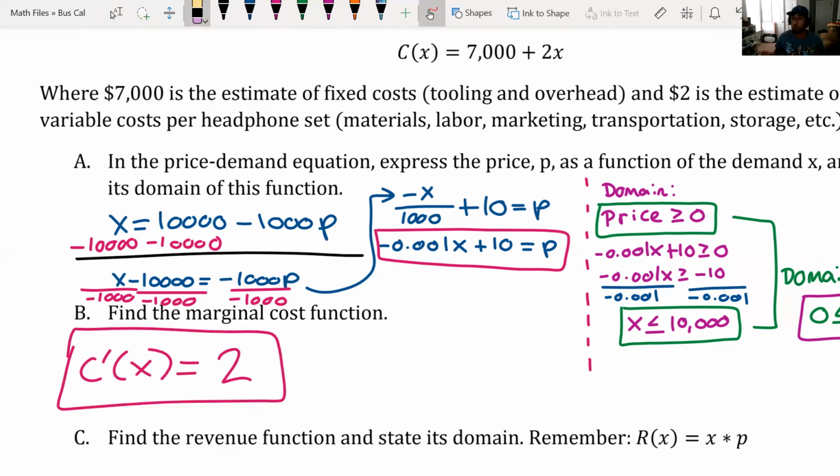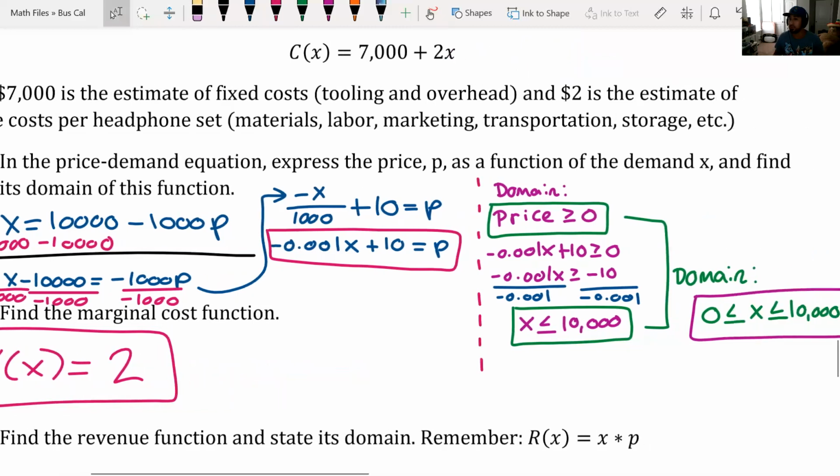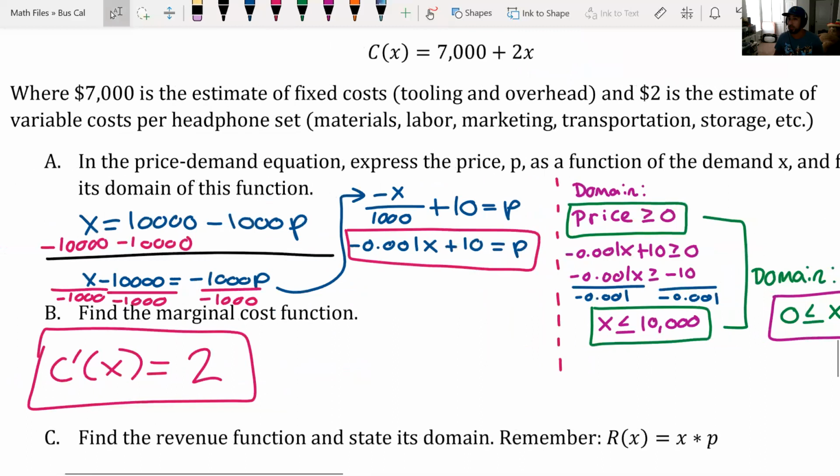But again, what does it mean? Well, remember the derivative gives you the slope of the function. Well, look, the slope of this function was 2. Is that not our derivative? 2? So all this means is that the marginal cost function is telling us no matter what, the cost of each headphone is still increasing by $2, as stated in the actual problem, right there in this paragraph. $2 is the estimate of variable cost per headphone.